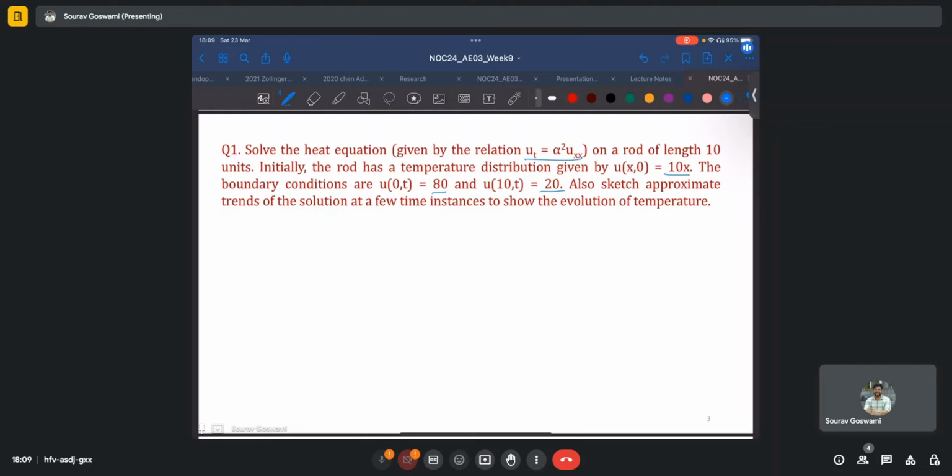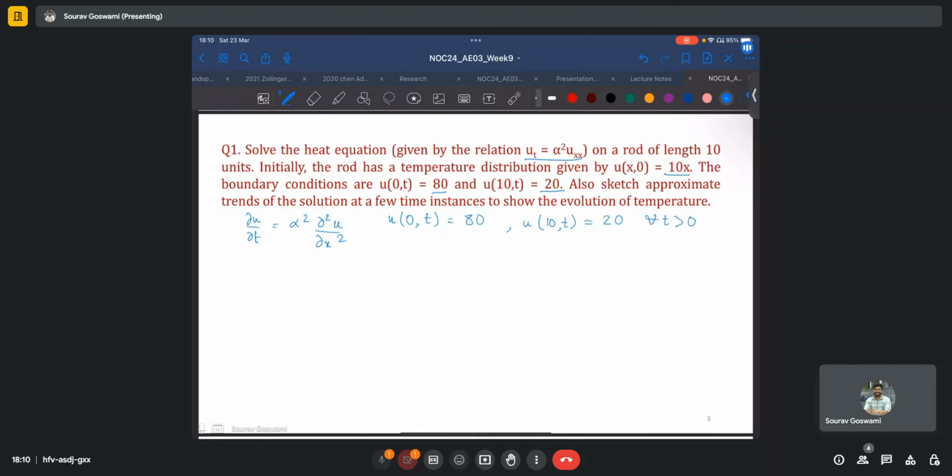So the heat equation is already given to us. It's del u del t equals alpha squared del 2 u del x2, the 1D heat equation in its simplest form. And the boundary conditions given to us are u at 0 comma t, that is at the left end, is 80, and u at 10 comma t, the right end, is fixed at 20 for all t greater than 0.